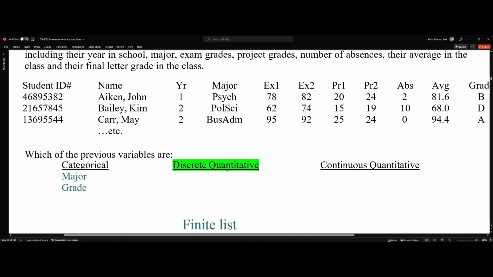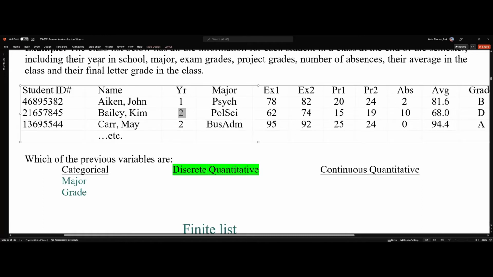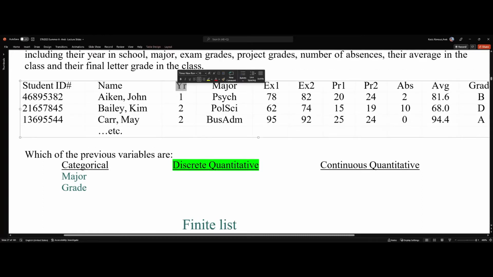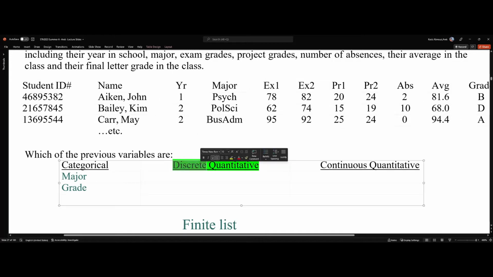Then the discrete quantitative variables. These are finite lists of numbers, integers, that we can count. So here is obviously the year in school, which is not considered time over here. That's why we can put it here.